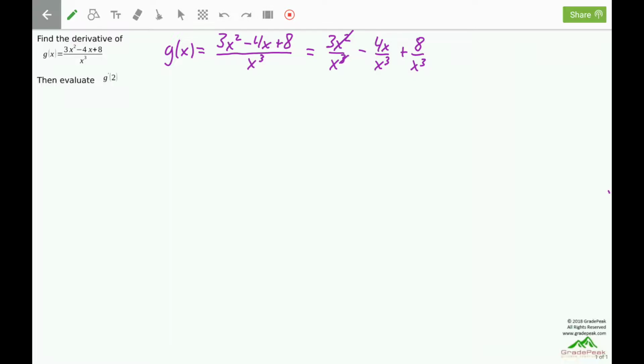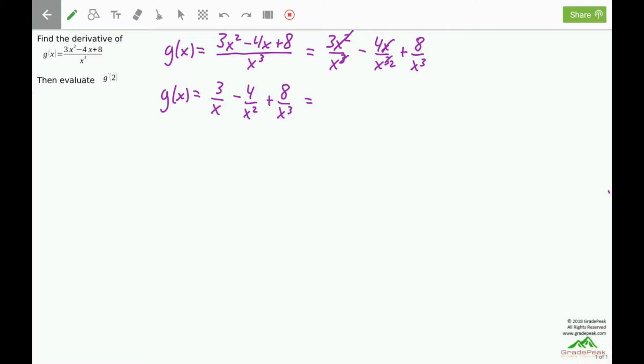The second term, we can cancel the 1 x in the numerator with one of them in the denominator, leaving us with an x squared. So that will give us a 3 over x minus a 4 over x squared plus an 8 over x cubed.